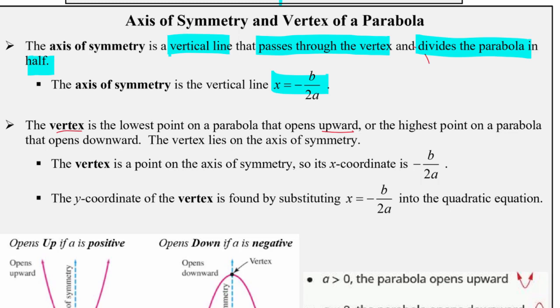So the x-coordinate of the vertex, because it lies on that axis of symmetry, is -b over 2a, okay? And then how we find the y-coordinate of the vertex is that we're going to substitute that into the quadratic equation. So you will see in the examples that we first compute the opposite of b over 2a for our x-coordinate, and then we'll substitute that into our function to find the corresponding y value.